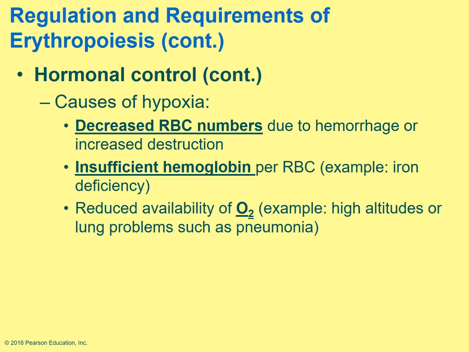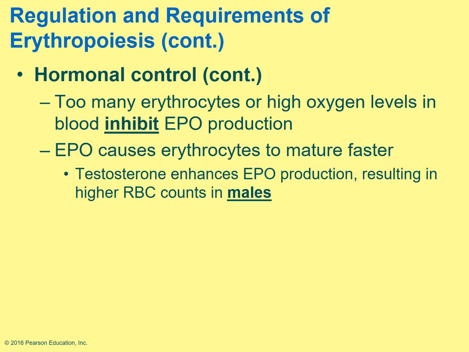If you increase the amount of red blood cells, then that means you have more cells that can bind more oxygen, and then you're able to increase the amount of oxygen being delivered to the tissues. If you have too many erythrocytes or high oxygen levels, the blood's going to start to inhibit the EPO production. We don't need as many red blood cells. Slow it up. Does it stop it completely?